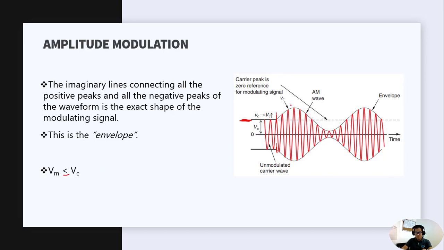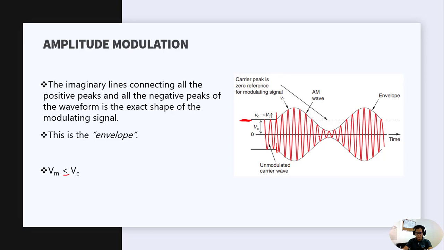Bakit? Kasi if masyadong mataas or mas mataas si VM compared kay VC, ang mangyayari, itong valley ng ating envelope will cross the zero line. And ito naman sa baba, itong envelope na to, itong peak niya will cross the zero line. Ang mangyayari, magmi-meet itong dalawang envelope.